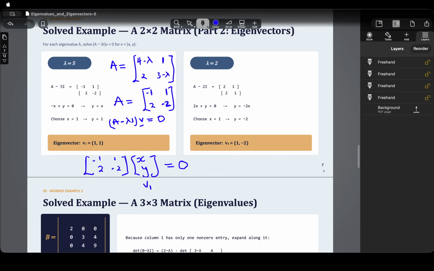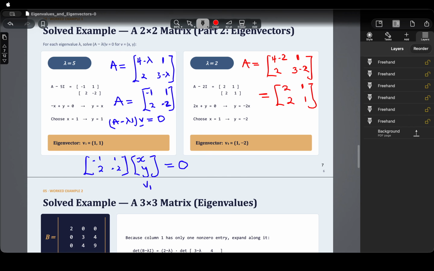And you go through the same process to find for when lambda is equal to 2 as well. So for when lambda is equal to 2, we have A. So you have 4 minus lambda, which is 2, then we have 1, we have 2, then 3 minus 2. Okay, so this is what we have. So this is going to give us 2 1 2 1.